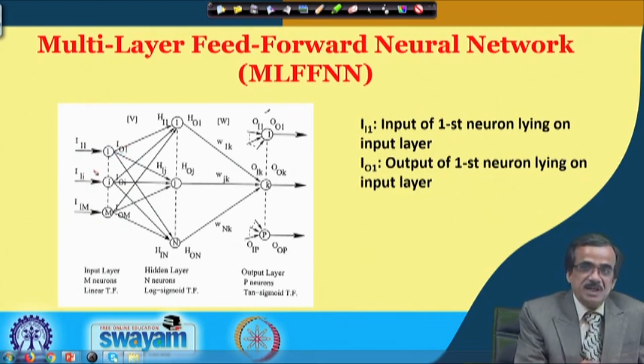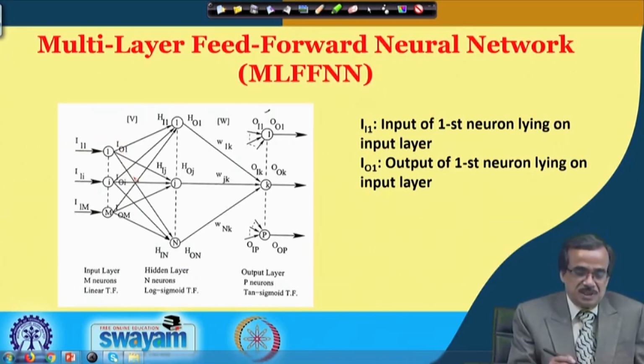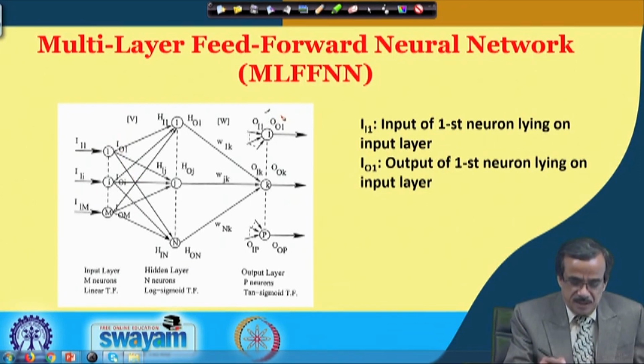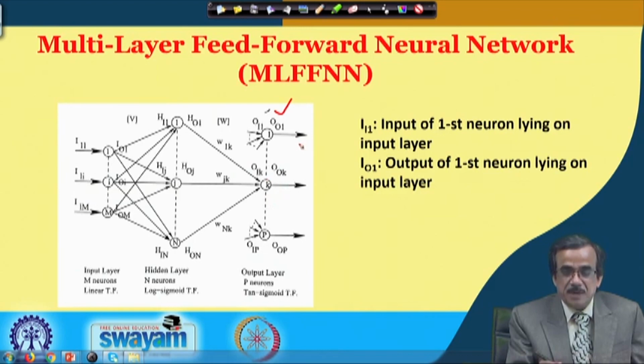Now, how to represent in the scale of 0 to 1 or -1 to +1? That I have already discussed. And this is nothing but the output layer, and on the output layer say we have got p number of neurons. Now, these outputs could be either independent or they could be dependent on each other also.